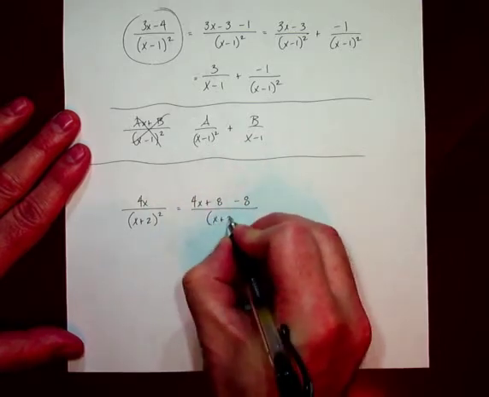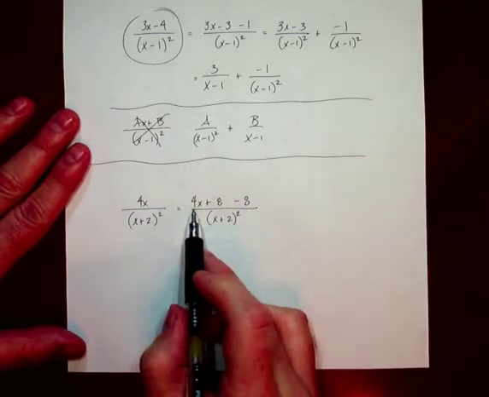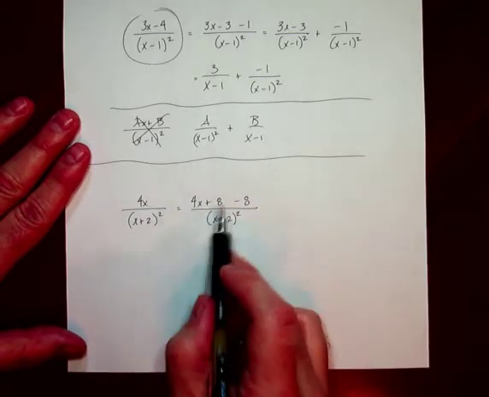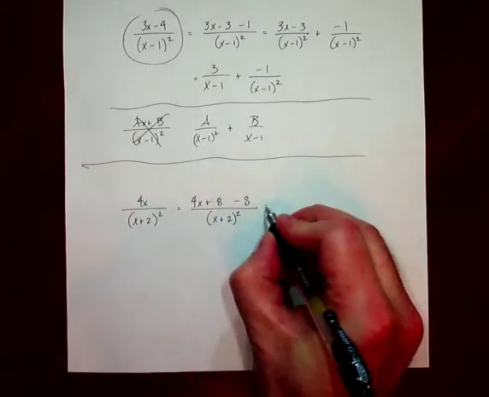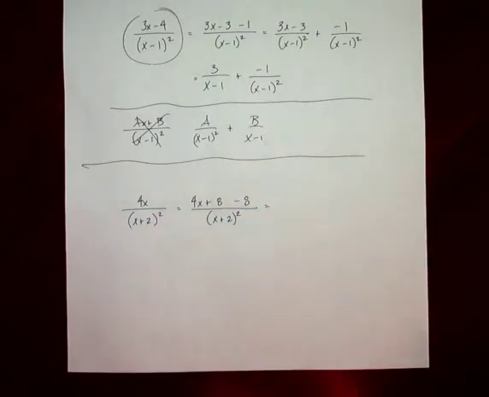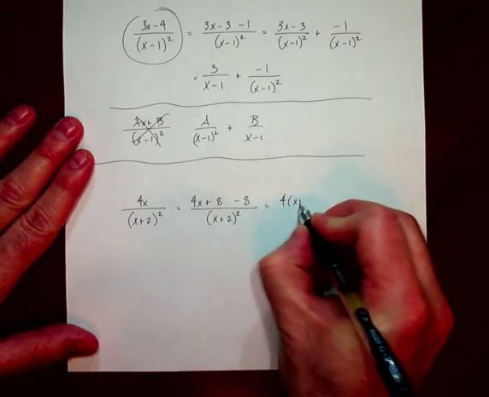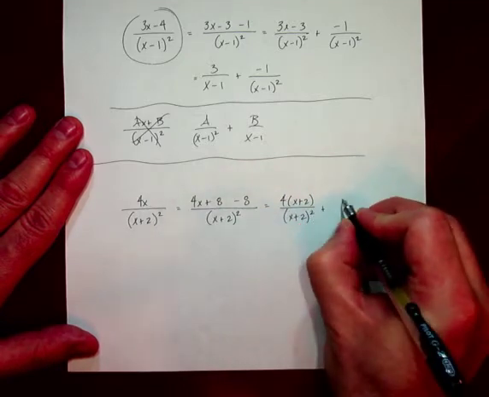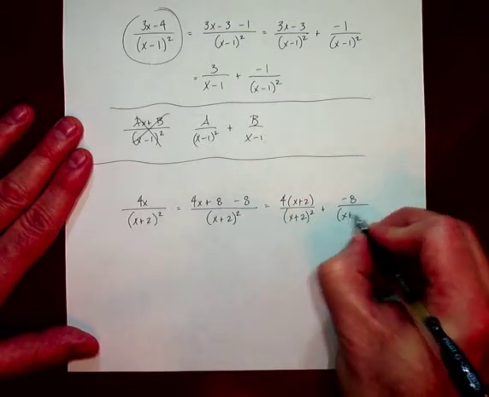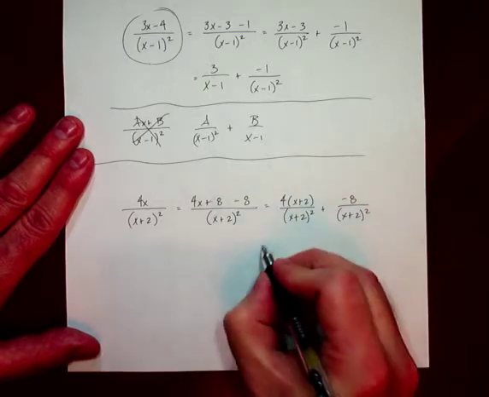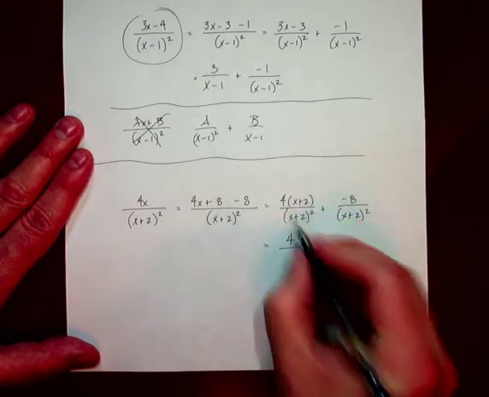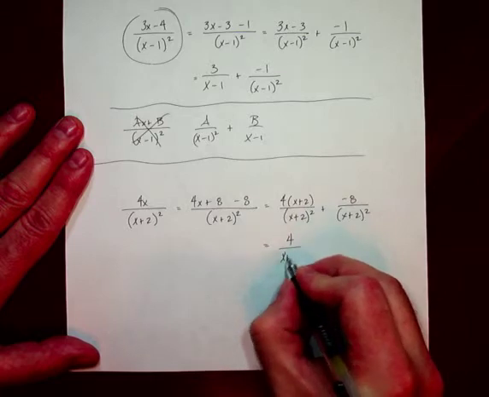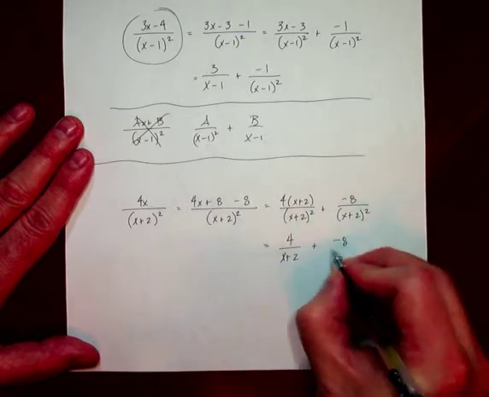And of course I do that strategically, knowing that if I have plus 8, this is going to factor when I pull it apart and separate the fractions into 4 times x plus 2 over x plus 2 squared and negative 8 over x plus 2 squared. Again, this basically cancels, and I'm left with something like this.